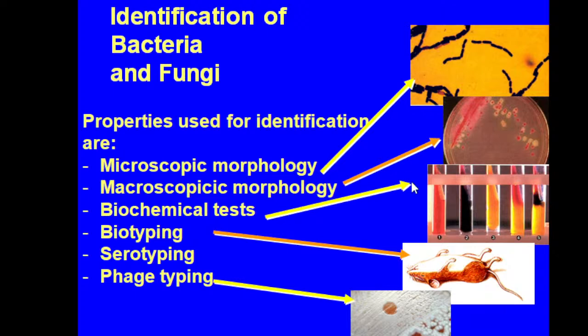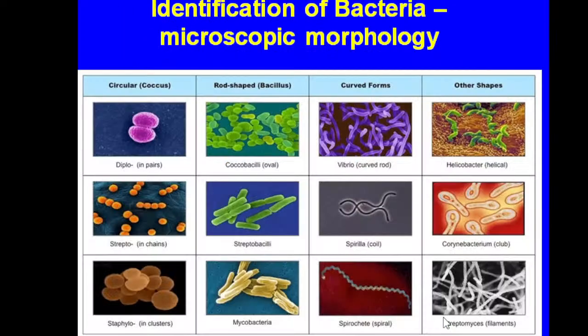Then the biochemical tests are used because fungi also perform sugar fermentation, and that's a very common way how we identify fungi. Then we may perform biotyping, serotyping, and phage typing. That's the same as with bacteria.